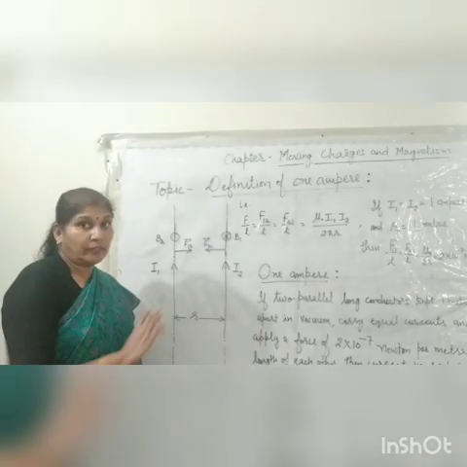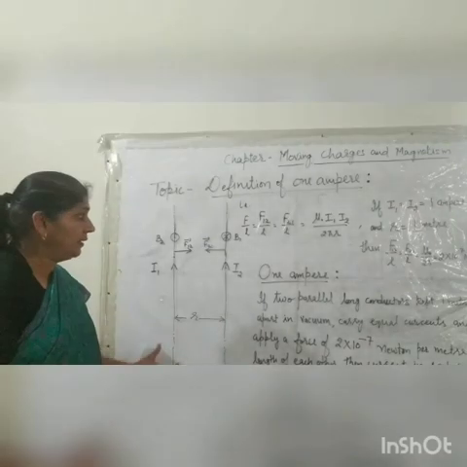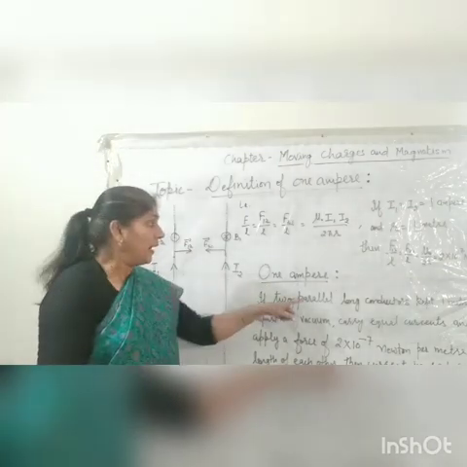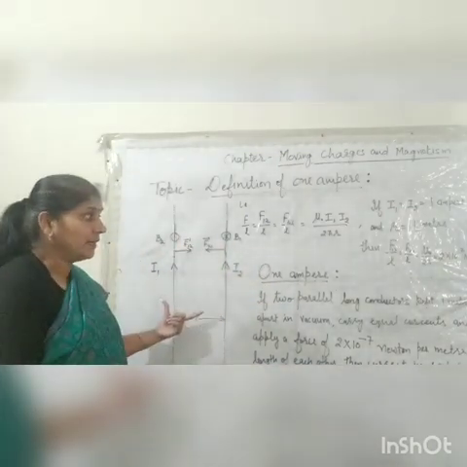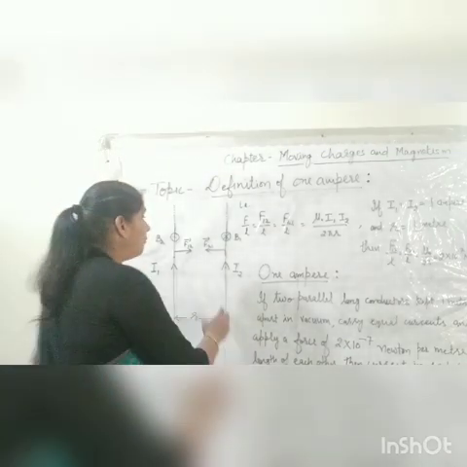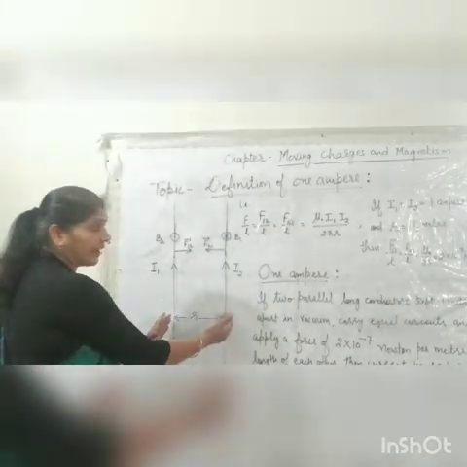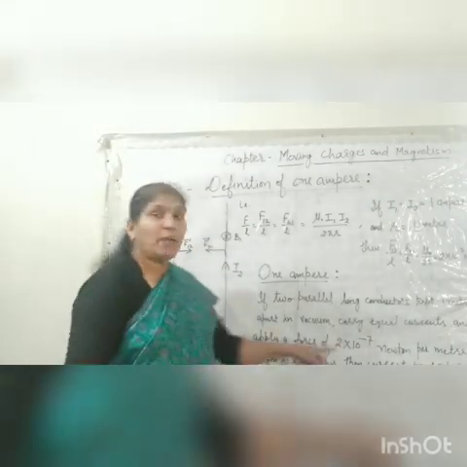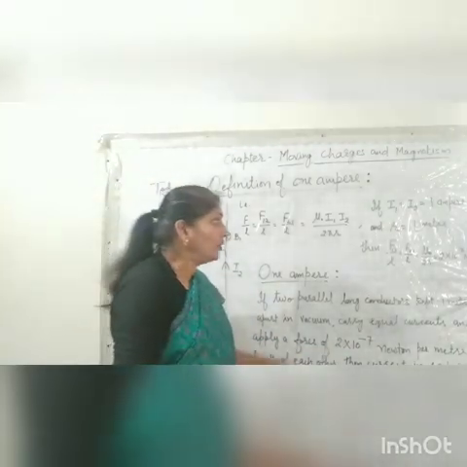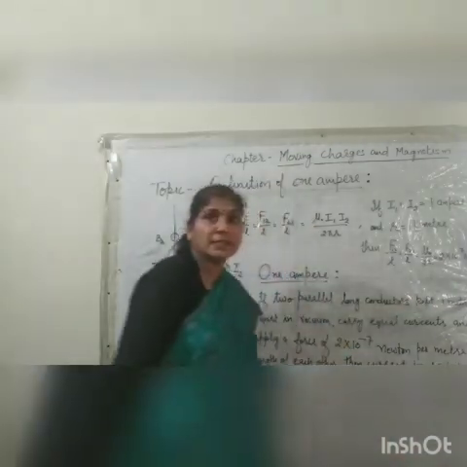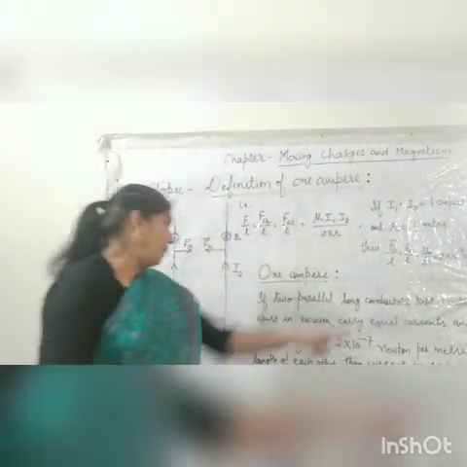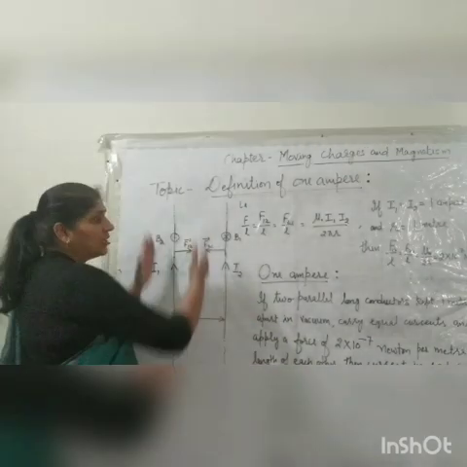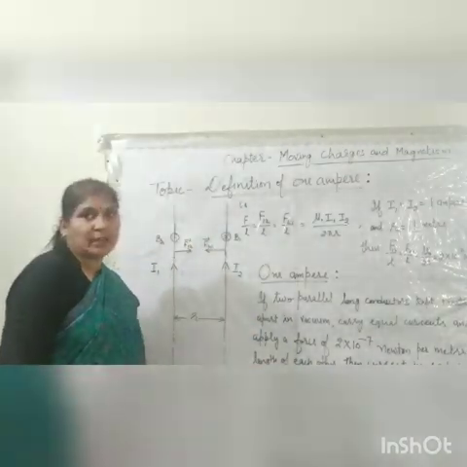Hence, we can define 1 ampere: if two parallel long conductors, kept 1 meter apart in vacuum, carry equal current and apply a force of 2 into 10 raised to the power minus 7 Newton per meter length on each other, then the current in each conductor is said to be 1 ampere.